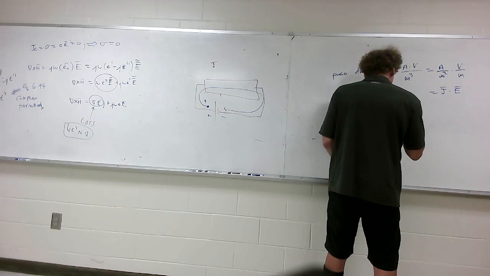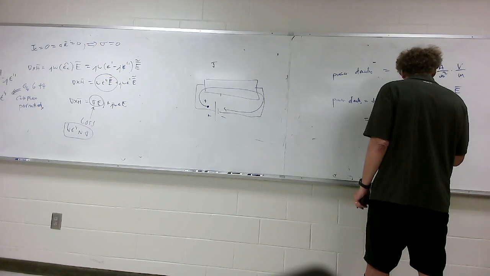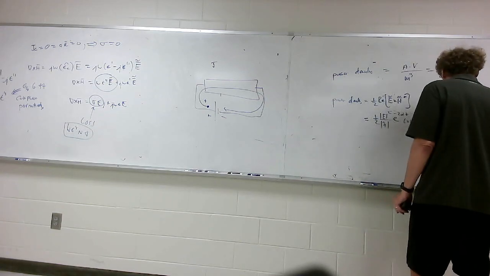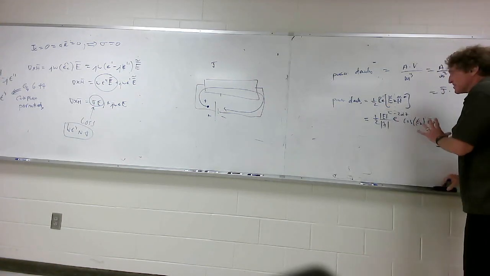It'll be e to the minus 2 alpha z, and it'll be the cosine of the angle of the intrinsic impedance here. It'll be in the a_z direction. I'm going to come to this later. I just thought about this.